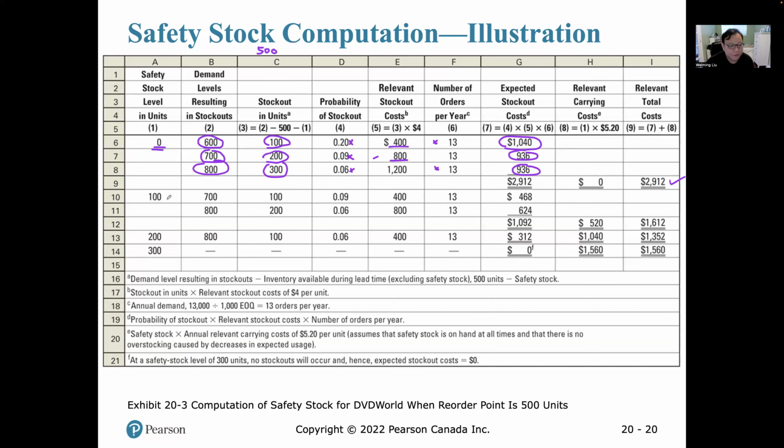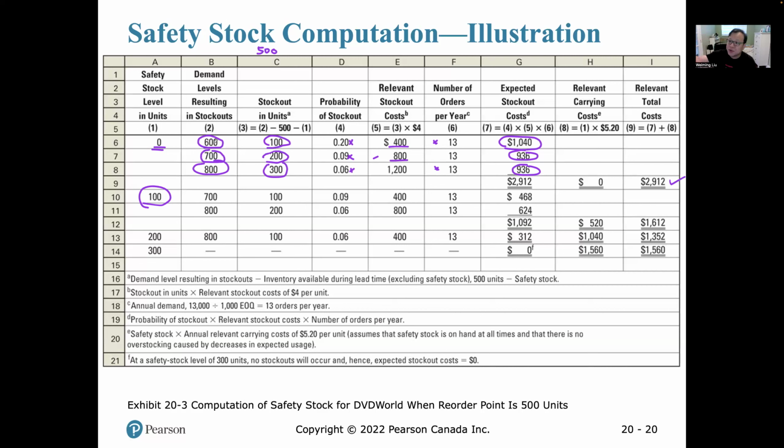Now, what if you have a buffer of 100 units? When you have a buffer of 100 units, if sales is 600, that's okay, because you have 500, and you also have a 100 buffer, so total is 600.